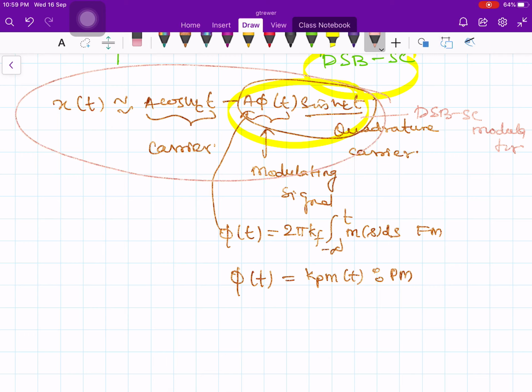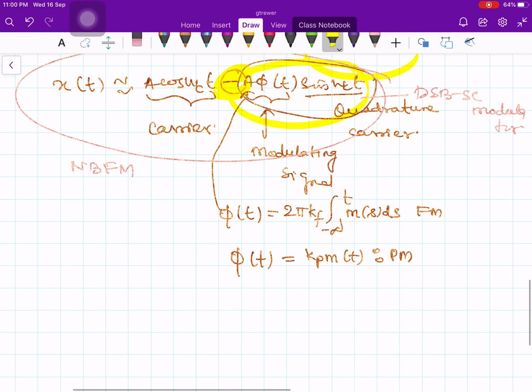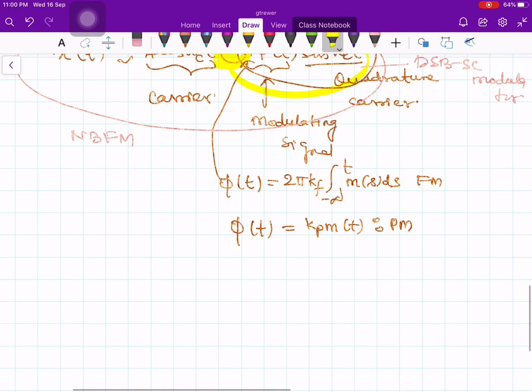And this would be a narrowband FM signal, NBFM signal. The only thing is there is a minus sign, not a plus sign here. So this is a difference. Note down this minus sign. That is the difference between your normal AM signal and the narrowband FM signal.